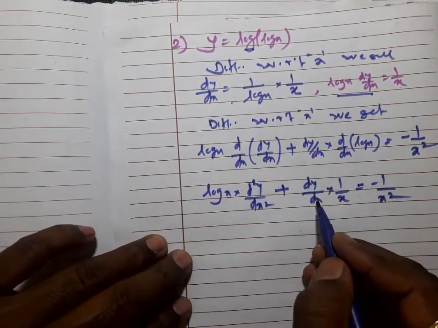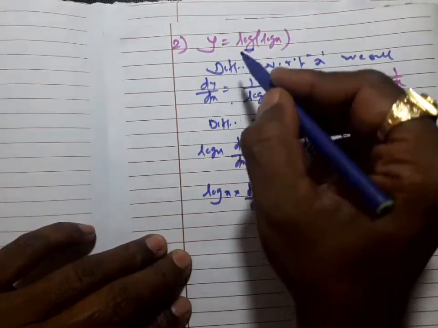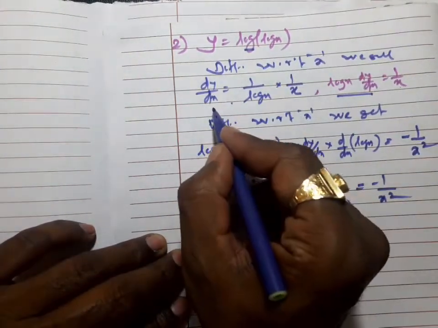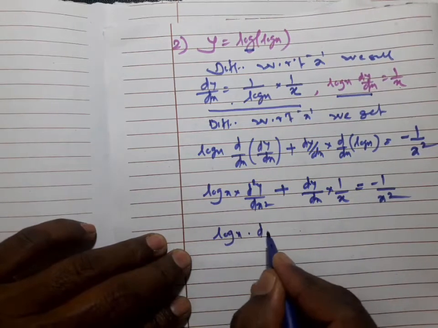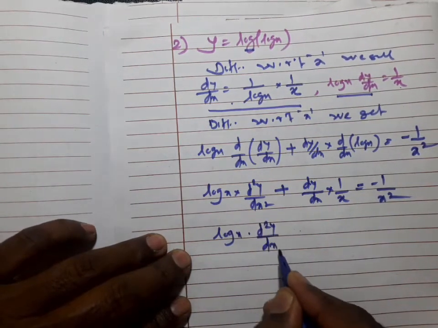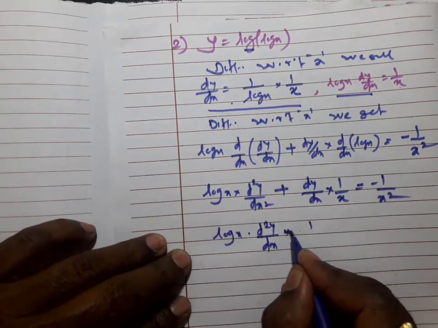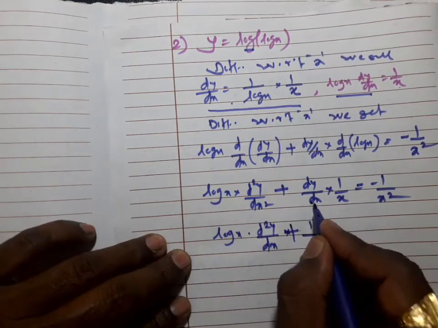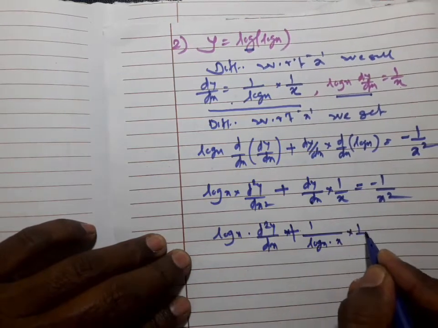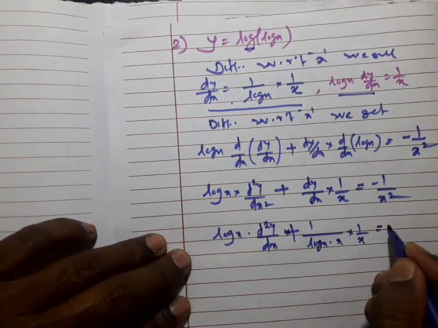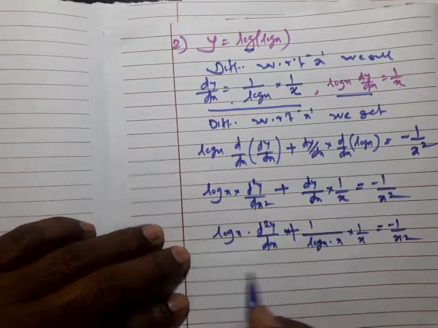So further you can put the value of dy by dx, because they require only d2y by dx square. So what is dy by dx? This. So this is log x into d2y by dx square plus dy by dx, which is log x into x, this is 1 upon x, is minus 1 upon x square.